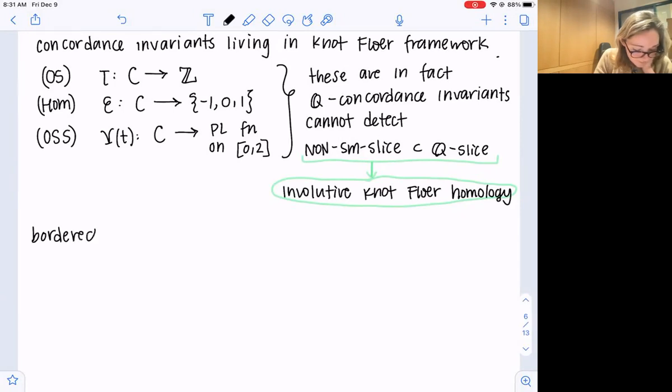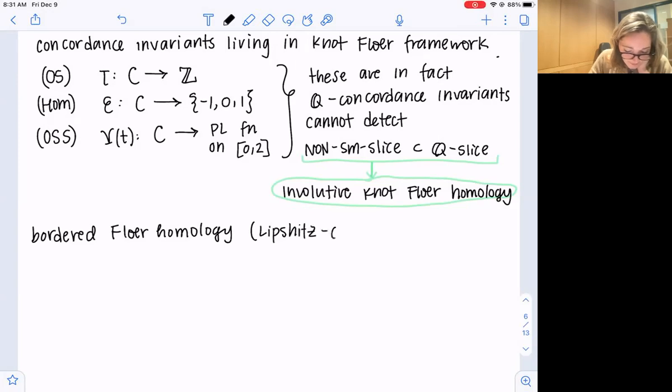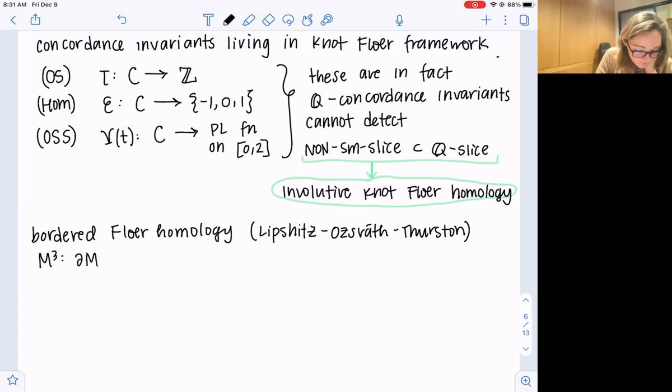So bordered Floer homology is a theory due to Lipshitz, Ozsvath, and Thurston. And it is a Heegaard Floer theory for 3-manifolds with boundary.